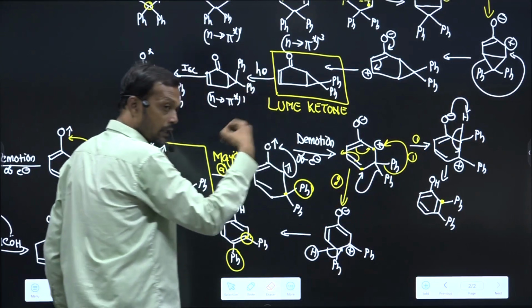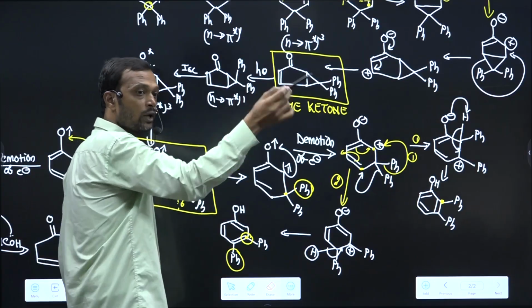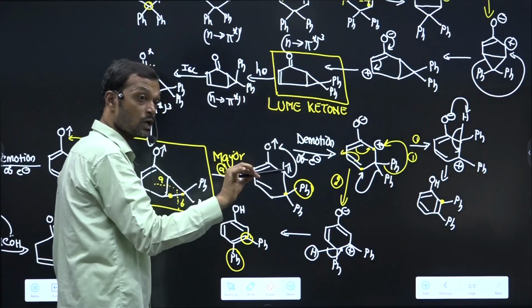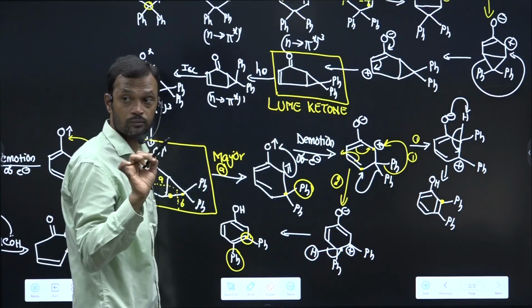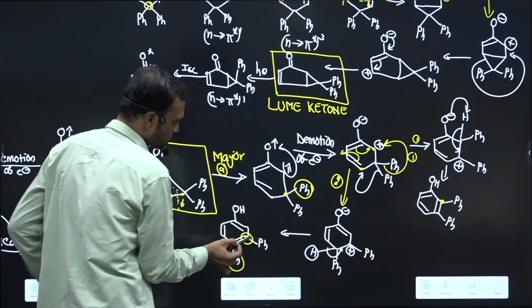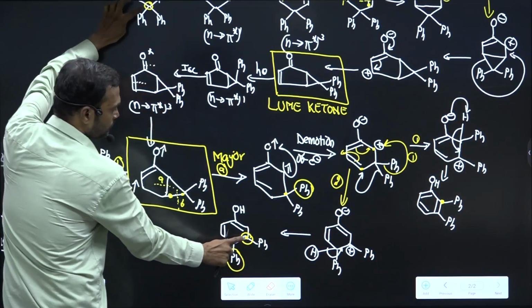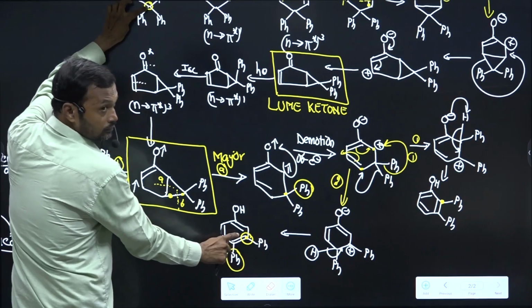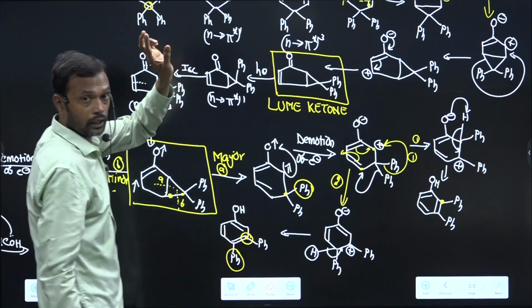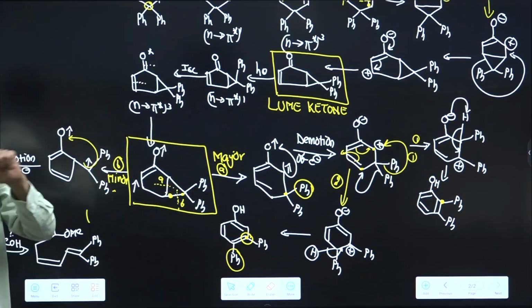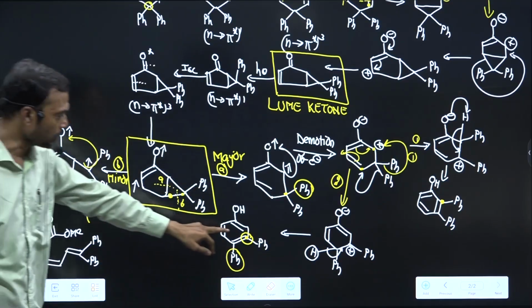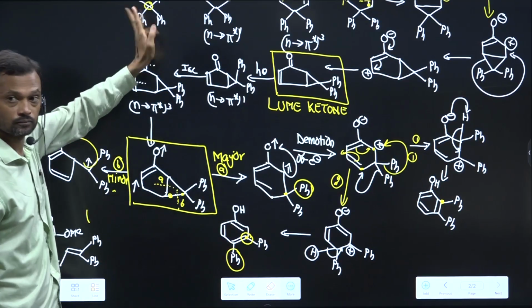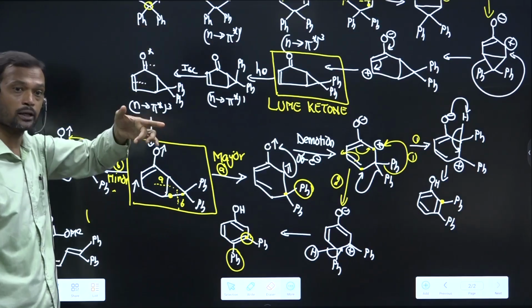Whichever group is migrating, that will go either ortho or para. Whichever is not migrating, that will settle down at meta. So that's why this position is this. You circle these 2 points. Only with these 2 points they are asking questions. With these 2 points, you need to confirm which is the migrating group.